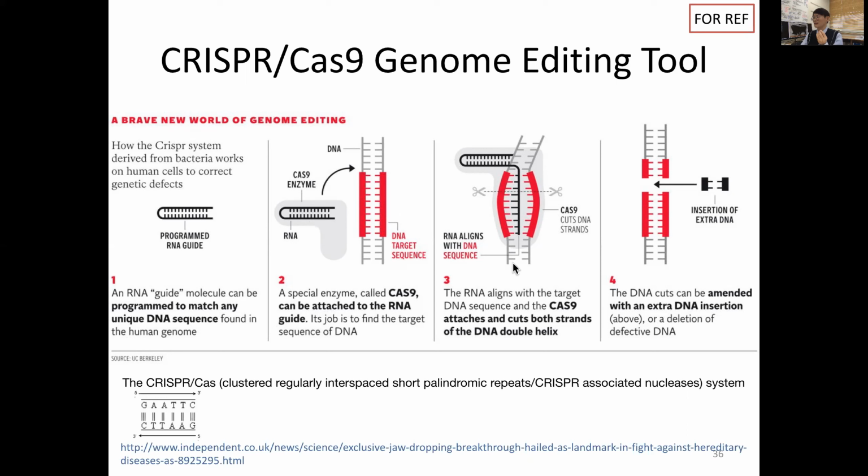When it aligns with the target sequence, the Cas9 enzyme will cut both strands of the DNA double helix, and this can then be amended by extra DNA of our interest to insert or delete defective DNA. So this is a precise gene editing tool which has potentially revolutionized our biomedical research.